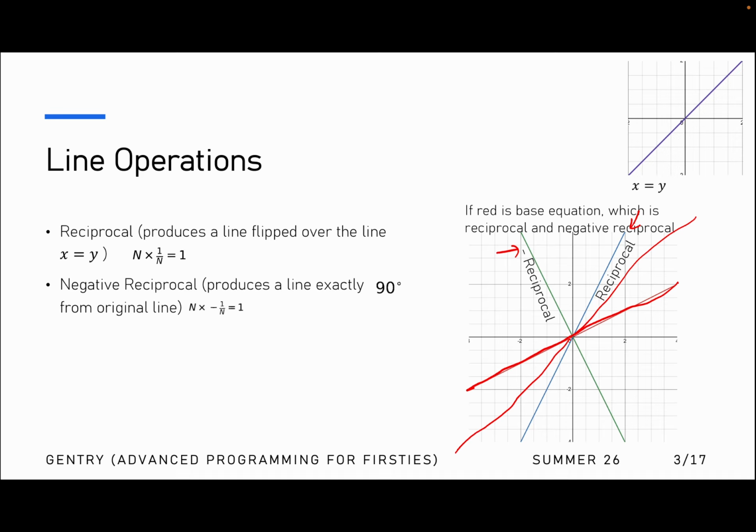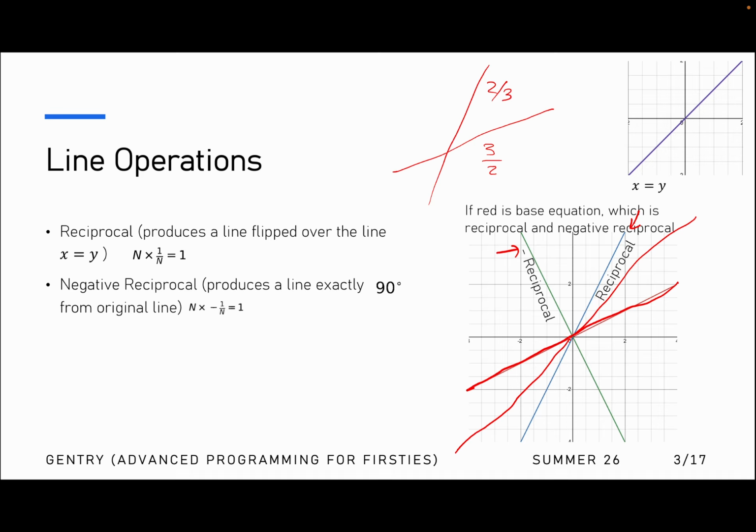So basically what the reciprocal means is we take the slope of the first line, we multiply it by 1 over itself, and we get 1. So if we have a line that has a slope of 3/2, our reciprocal line would be the line 2/3, because we take the inverse of it.